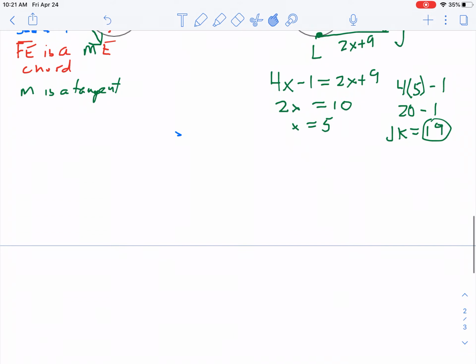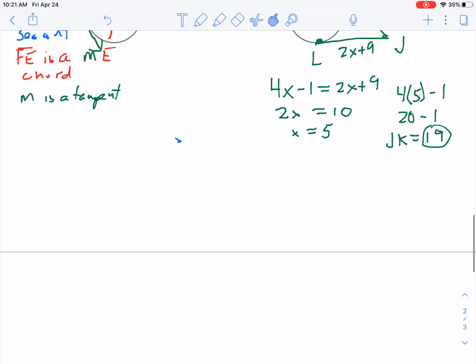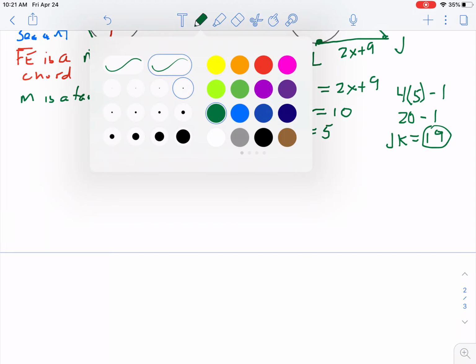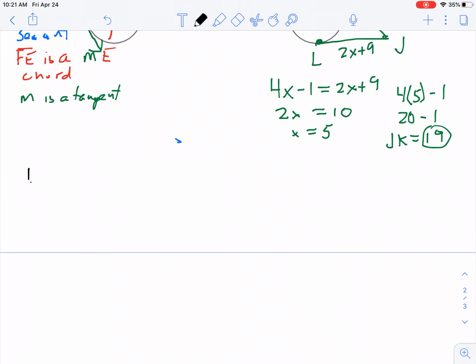Alright, and then let's do our last one here. Let's do number 10 on this. So number 10 looks like this on that page. It has a circle P, and it draws two tangents, one from point S out here, tangent over here, that's to intersect at T, that's the point of tangency.